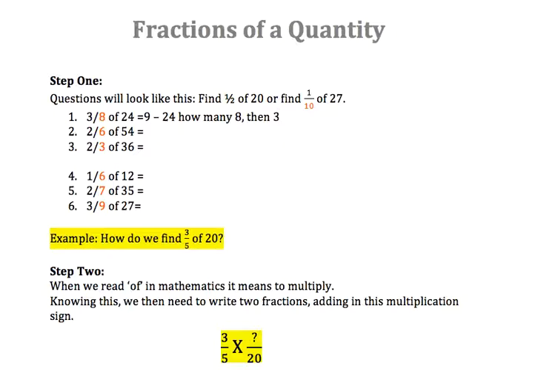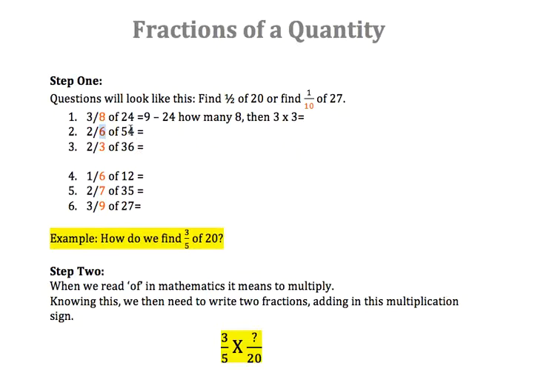3 times 3. Now I'll show you again with this one. I need to ask, how many times does my denominator fit into my quantity? So 6 fits into 54. Oh, I said numerator, I didn't mean that, into my quantity. So how many times does 6 fit into 54?